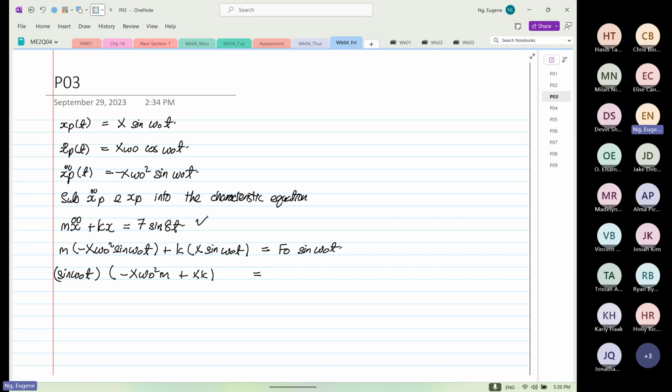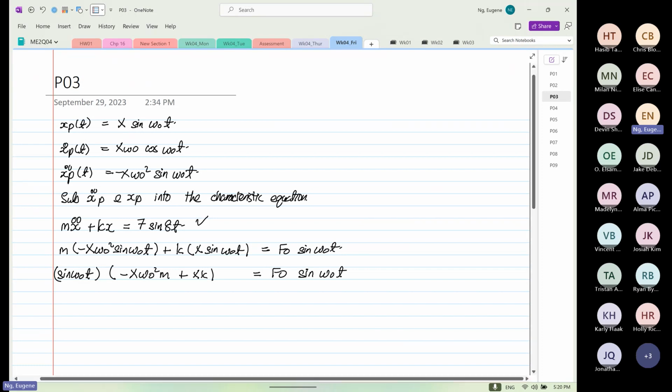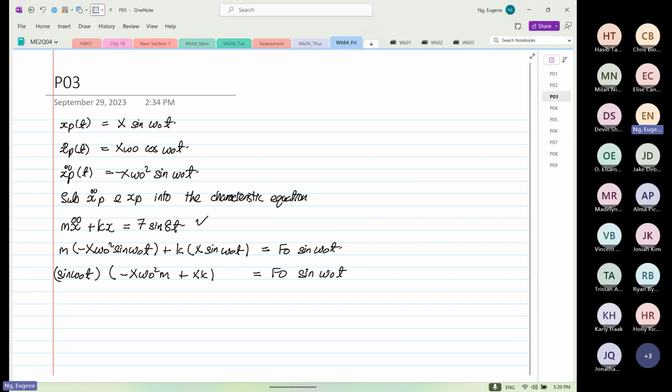This will be equal to F naught sine omega naught t. Okay. So now you can get rid of this. You can get rid of this. You have minus x omega naught squared m plus x k. This is equal to your F naught.